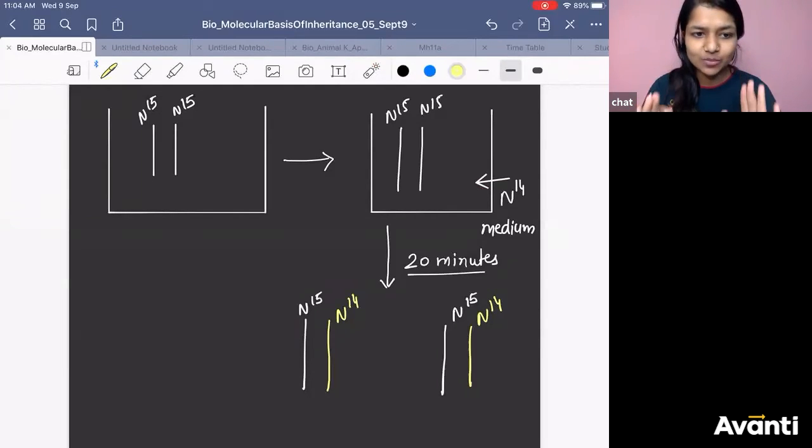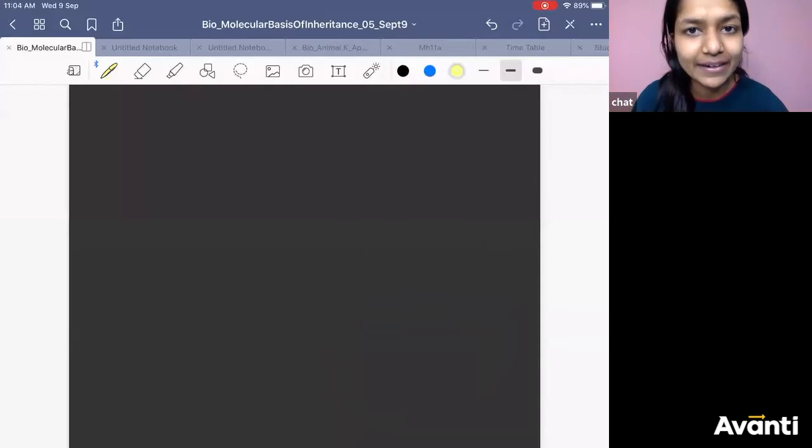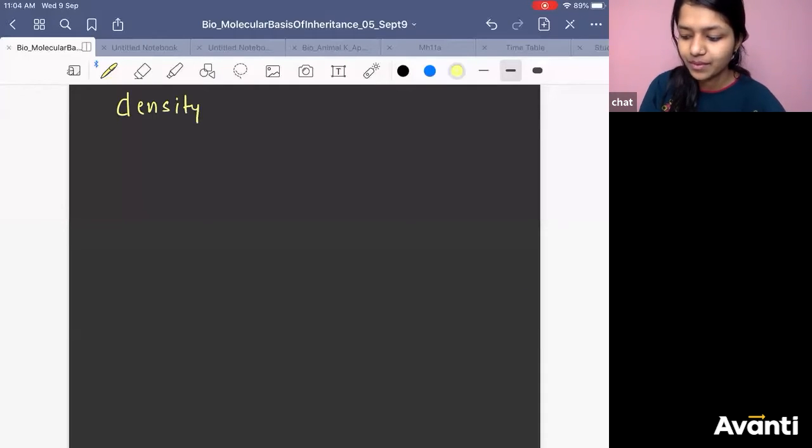They did one experiment. Now to confirm this, they did density centrifugation.